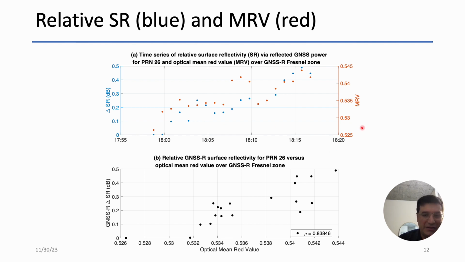The vertical axis on the right in red is the mean red value during the same time period. The bottom figure plots the SR versus mean red value. For PRN 26, the correlation coefficient is 84%.